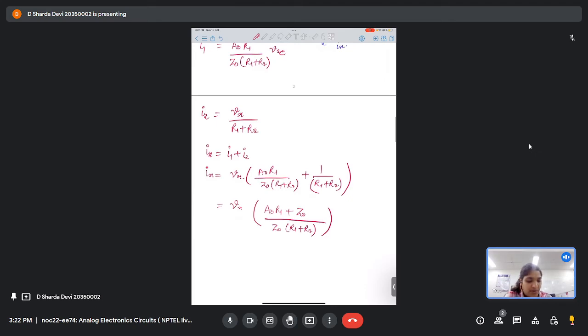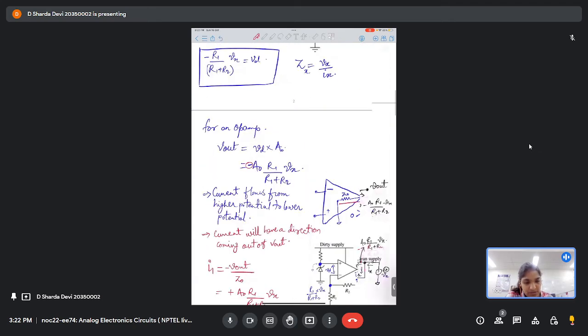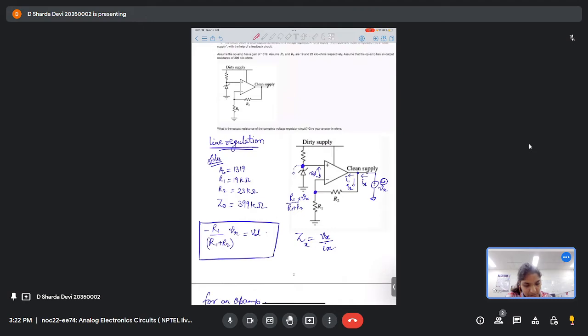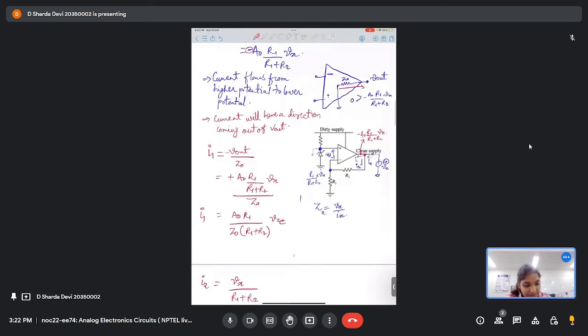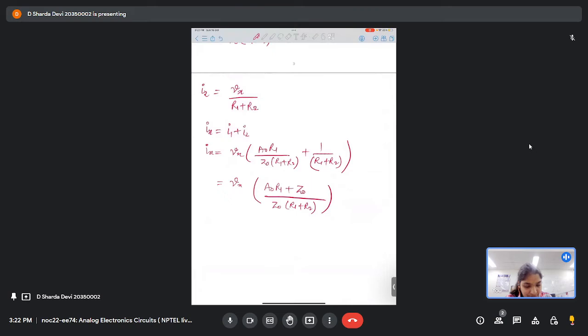If you observe carefully, Z naught is 399 kilo ohms, whereas R1 into A naught is much higher. It is 1319 times 19 kilo ohms. So it's much higher than 399 kilo ohms, right? So we can neglect Z naught and we can write Ix equivalent to Vx times A naught R1 by Z naught times (R1 plus R2).